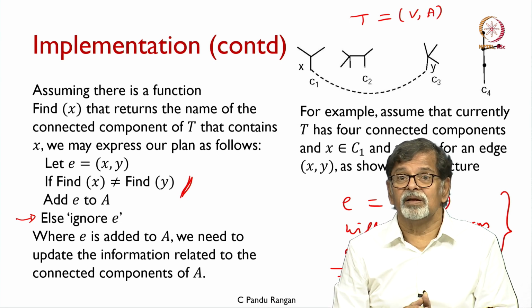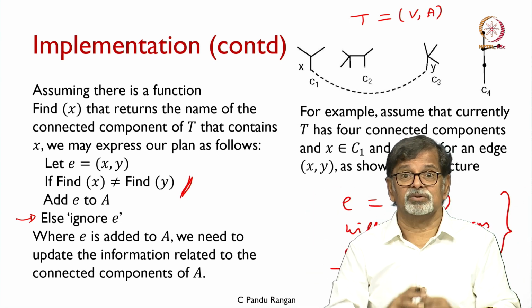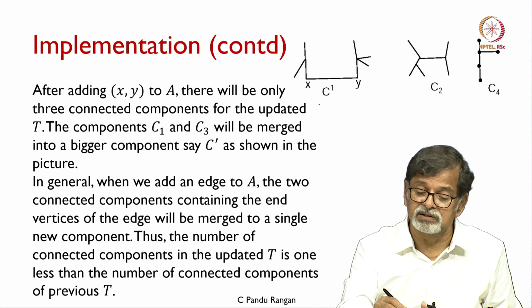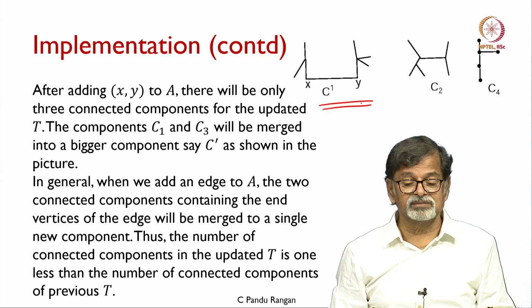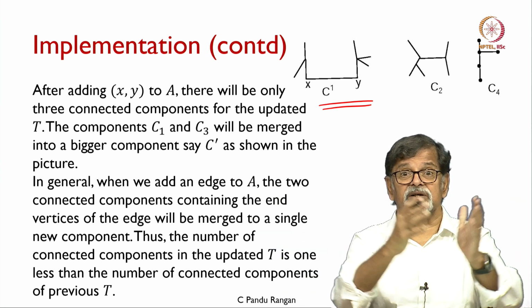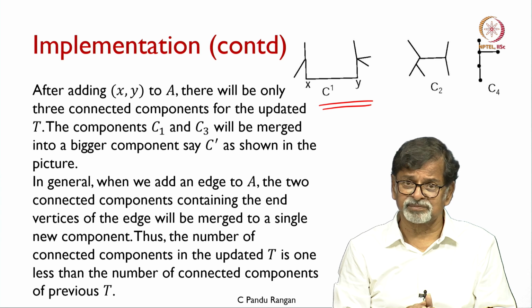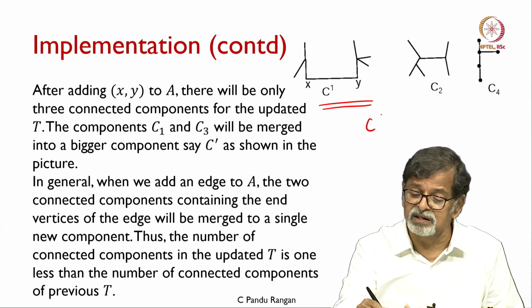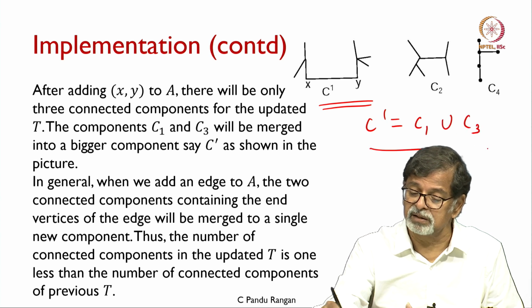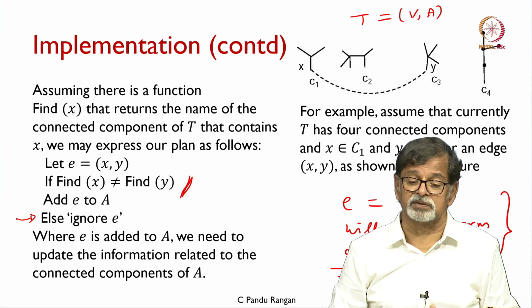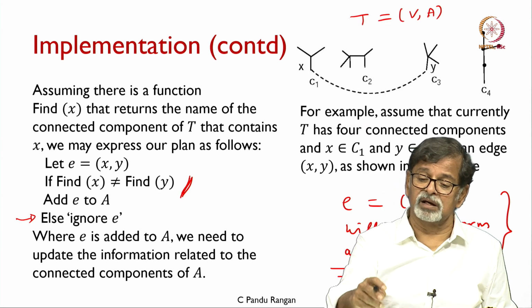Therefore, when you fuse those two into one component, you get the picture like this, C dash. You can see that the xy that is added has merged 2 components. The other components C2 and C4 are there. What is C dash? C dash is C1 union C3. C1 and C3 have been fused together. Look at this picture. Here you have C1 and you have C3.